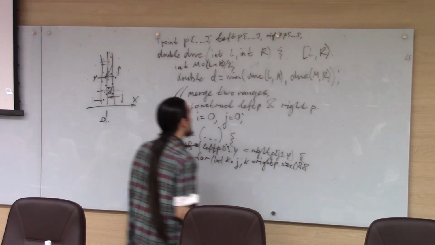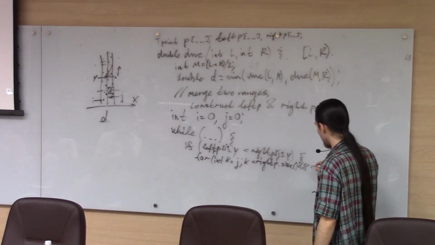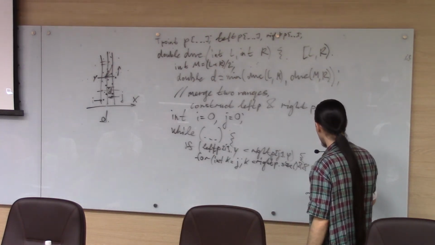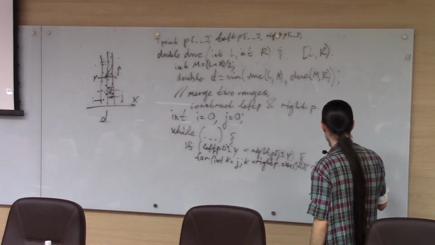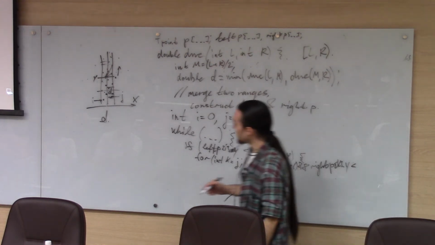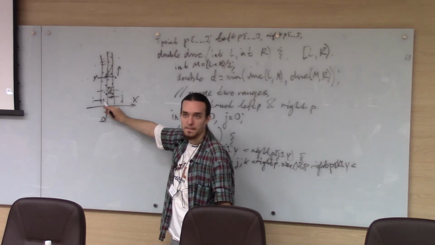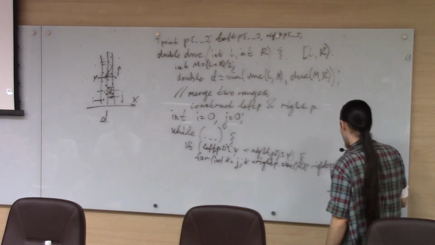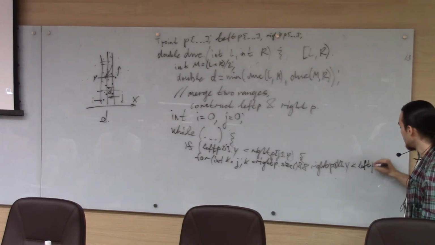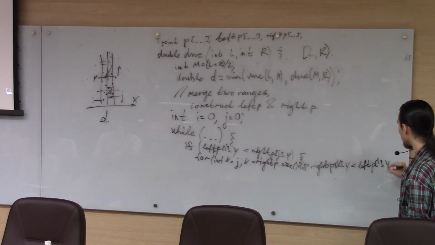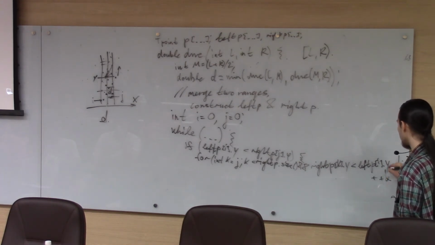And also the y coordinate of this point should not be too large, so right p of k dot y should be less than the y coordinate of the chosen point plus d, so left p of i dot y plus d.